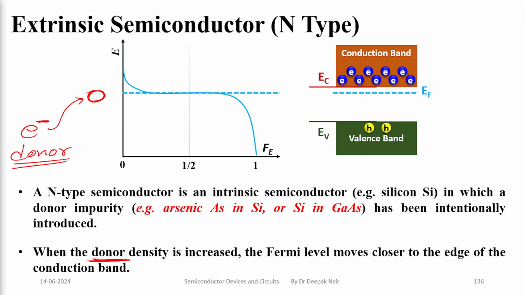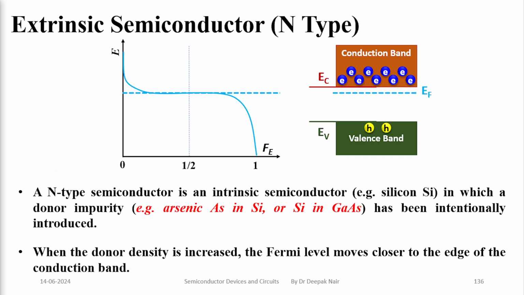And to make n-type semiconductors, we generally use elements from the fifth column, for example arsenic, and we add them with a pure semiconductor like silicon.